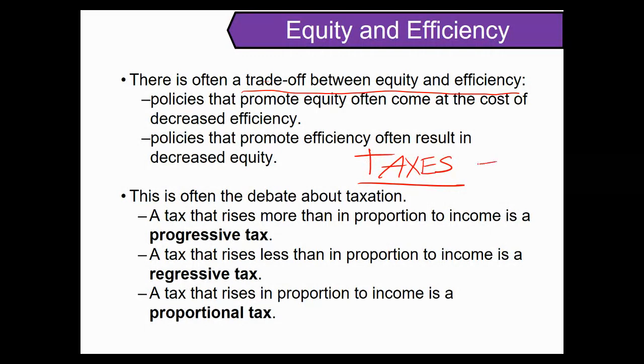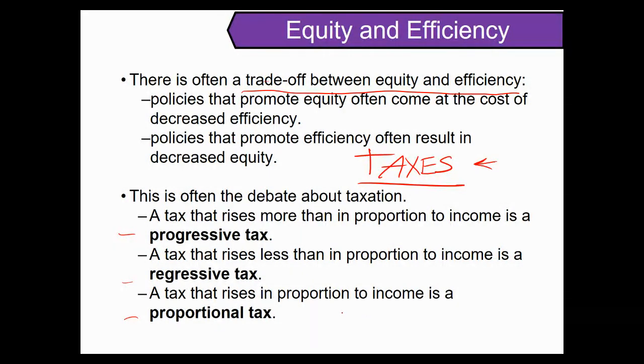We understand we have to pay a certain amount of taxes, but we also want to try to be as efficient as possible with our taxes. Now, there's three basic ideas of taxes: progressive, regressive, and proportional. When we think about progressive taxes, this typically means the more you make, the greater percentage you will pay.